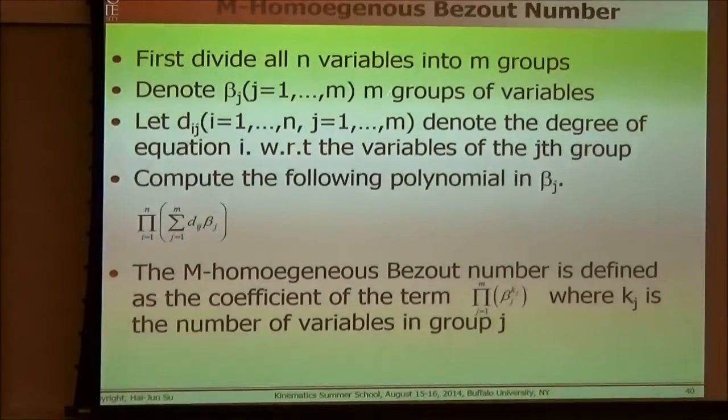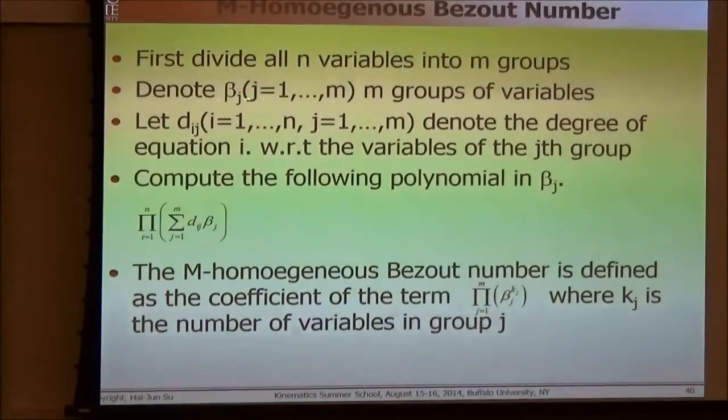How do you count the M-homogeneous root count? Here are the steps. First you divide all variables into M groups, and you denote beta j as the j-th group of variables. Then dij is the degree of equation i with respect to the variables in the j-th group.